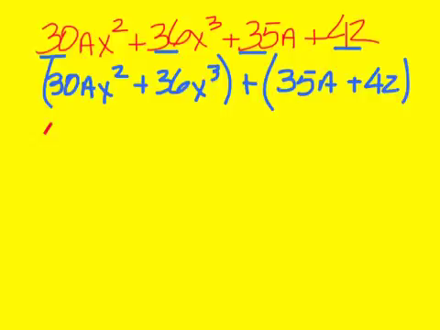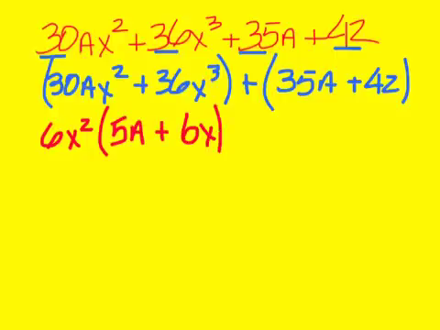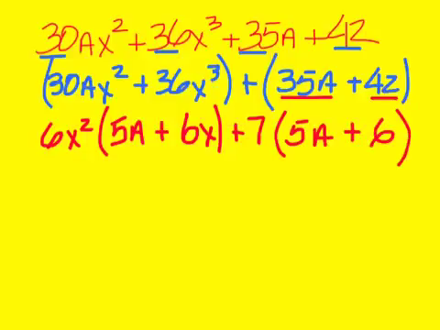Alright, so I can take out a 6x squared on this one and get 5a left over, and then 6x for this one. And then over here I can take out a 7 from each of these and be left with a 5a and then plus 6. Now, do I have the same terms in here and here?